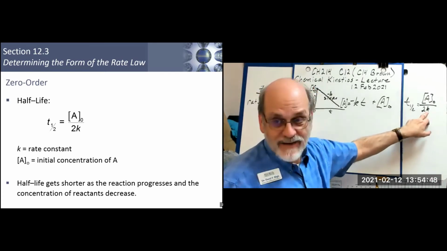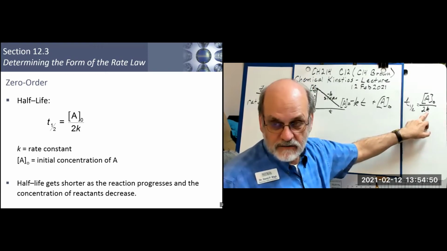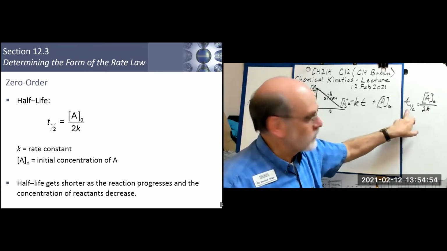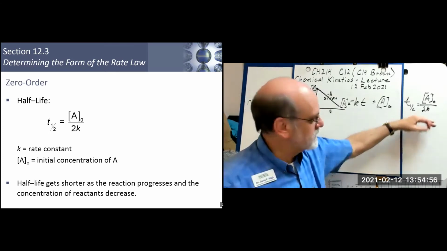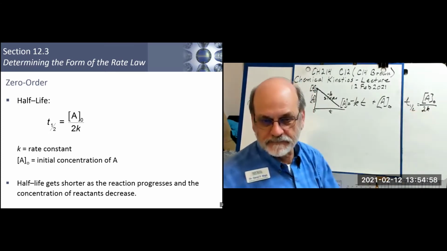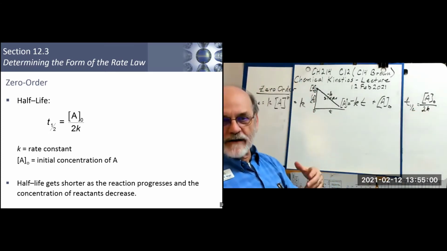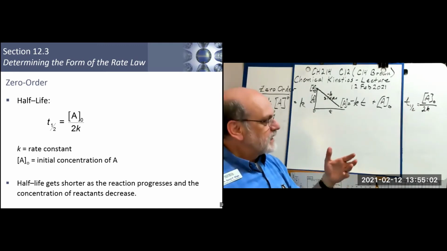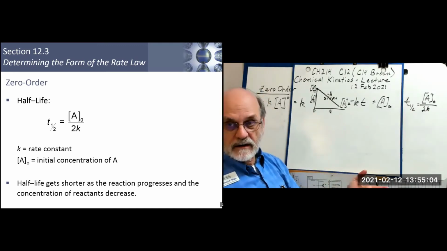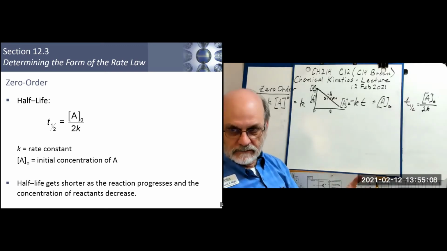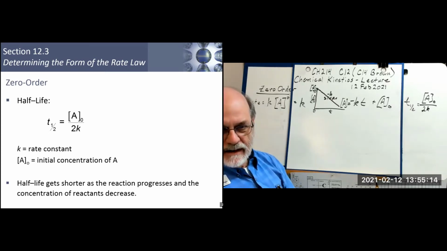Or if the K value is decreased by a half, then you also double the T because it's in the denominator. So that just says half-life for a zero order reaction is dependent upon the K value and the initial concentration. Okay.